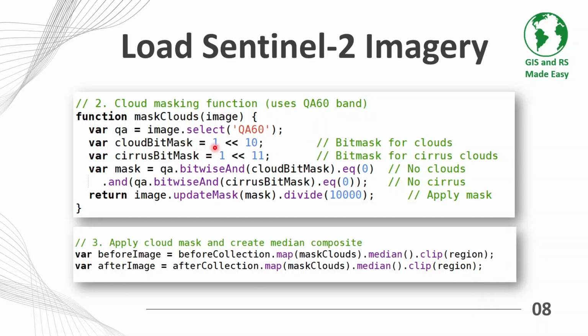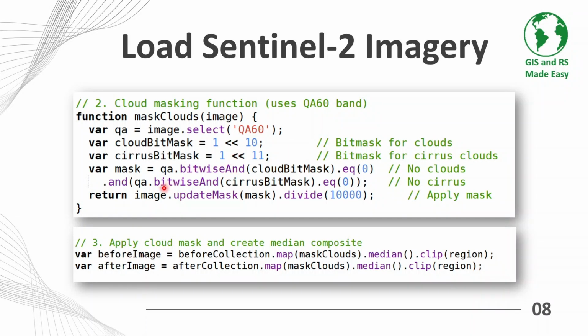For cloud bit mask we use a bitwise operator, and for cirrus bit mask we also use a bitwise operator. For cloud bit mask it is 10 shift, and for cirrus bit mask it is 11 shift. Now we have cloud bit mask and cirrus bit mask. Now we need to make the mask from this bit mask. For that we use the bitwise AND operator.